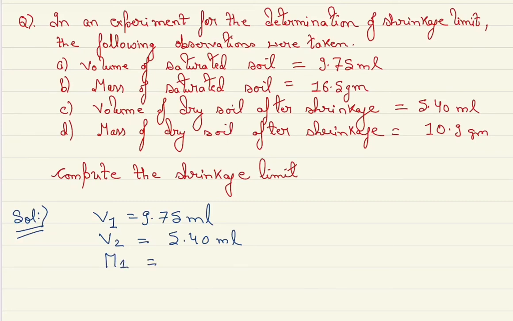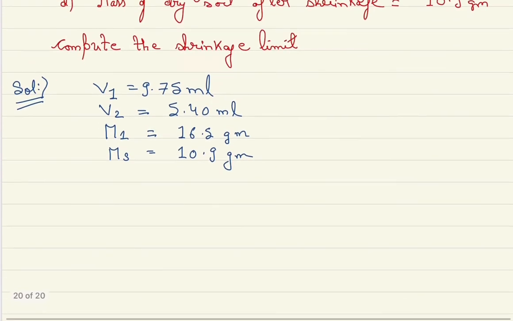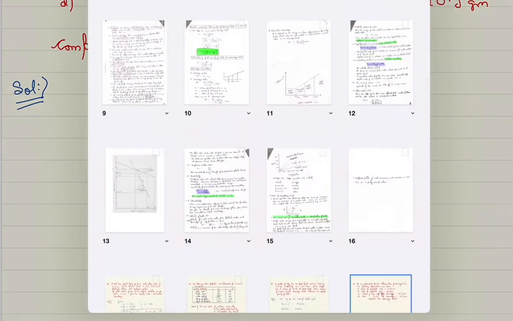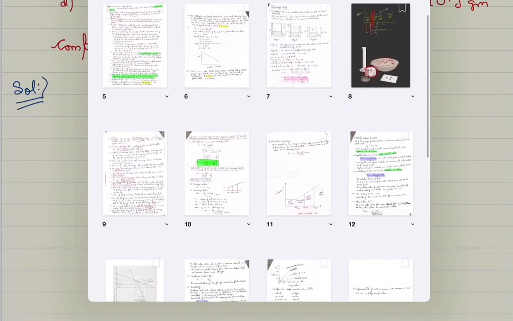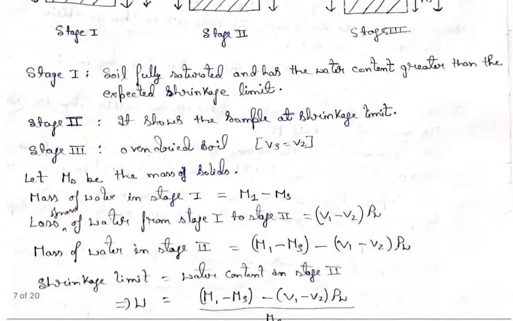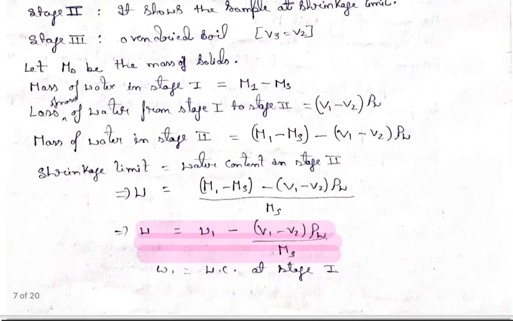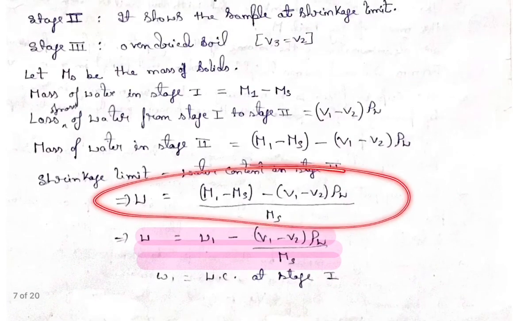Mass of saturated soil, that is stage 1, is given as 16.5 gram, and mass of solids has been given as 10.9 gram. Now we know that shrinkage limit is equal to, we have already studied it, using this formula.